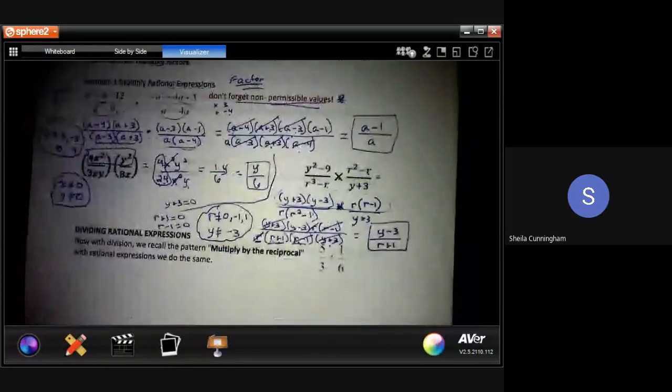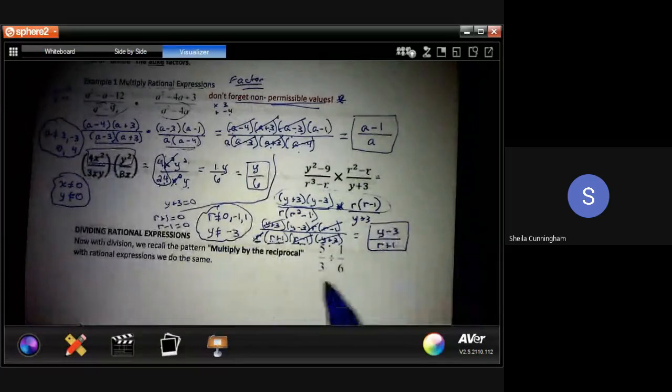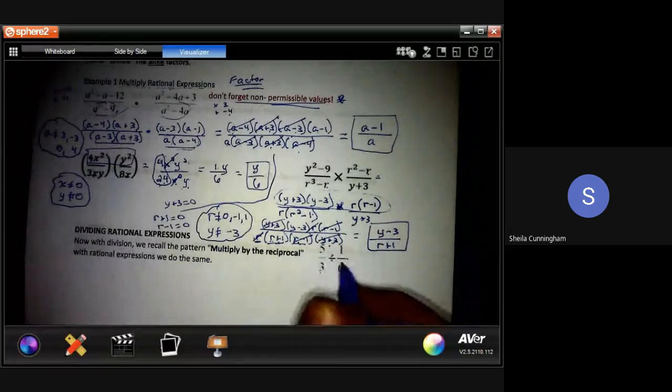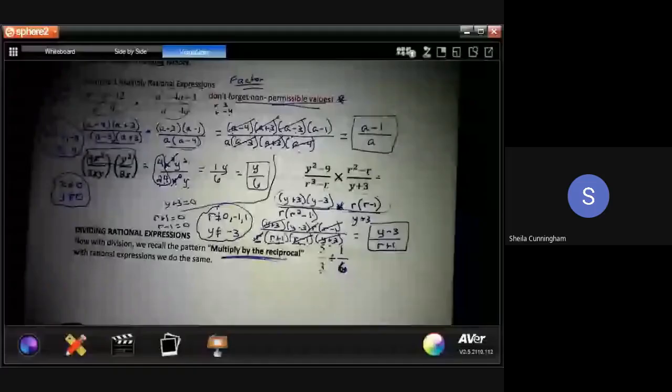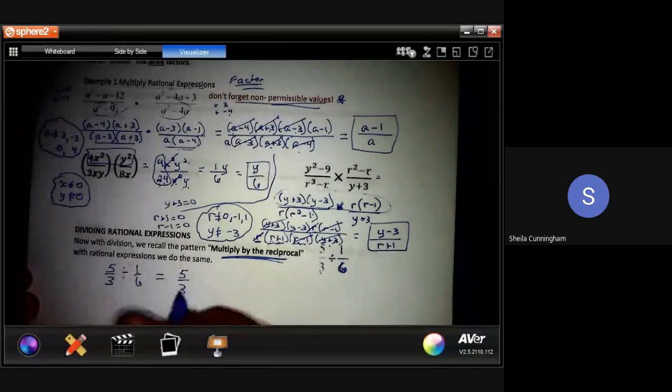Okay, let's look at dividing. Now, dividing, you've got to go back to thinking about fractions. If I had 5/3 and I'm dividing it by 1/6, when you take two fractions and divide them, you have to remember that you're going to multiply by the reciprocal of the second fraction, right? So I take 5/3 and multiply by 6/1.